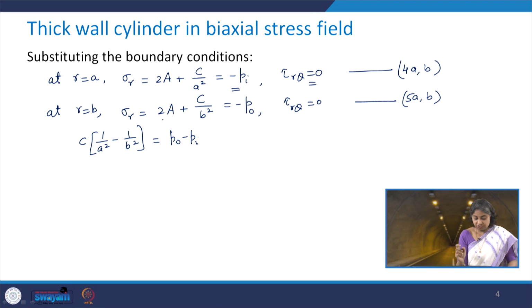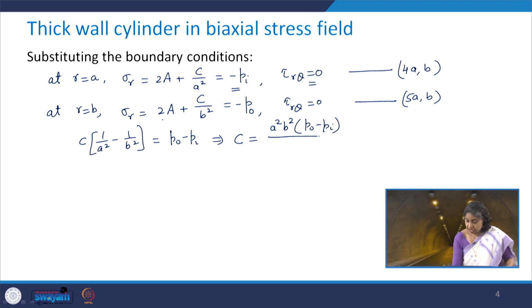This minus minus will become plus here, and therefore you can have the constant c as a square b square into p naught minus p i divided by b square minus a square. Mark it as equation 6a.